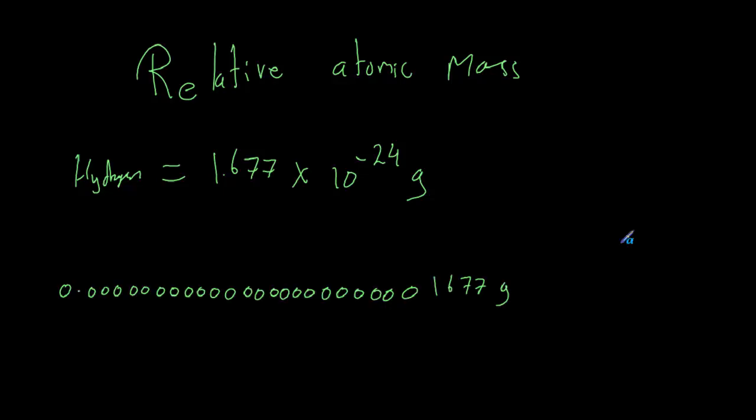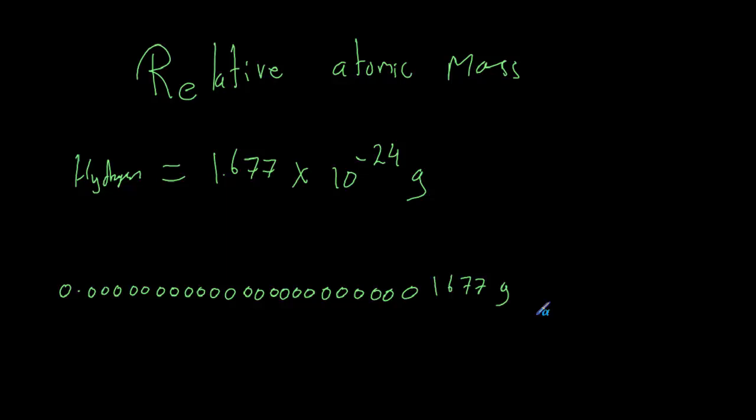Okay, here we are. We have this horrendous number with 23 zeros before we reach our 1677, and that is in grams. And so if you've ever held 1 gram of sugar or something like that, you know that it's actually extremely light. Now you imagine being a million, billion, billion times smaller than that.